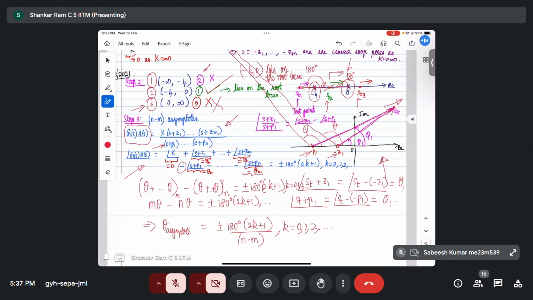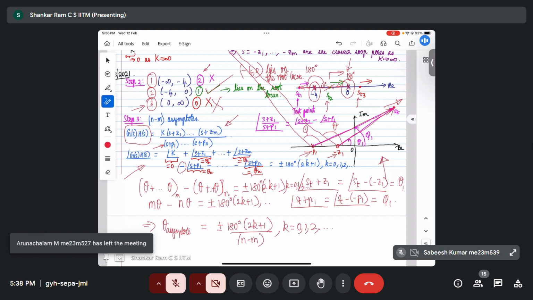So as we take a test point which moves farther and farther away from the origin, we argued that the angle contribution from each open loop zero and each open loop pole is going to converge to the same value. So when we write this angle condition for a test point chosen at infinity, we will have the angle of each term being theta.